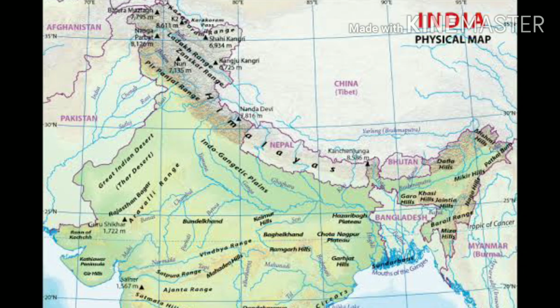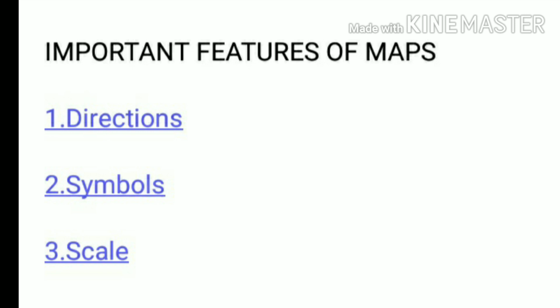Physical maps tell us about the surroundings and physical features of the earth, whether they are forests, deserts or snow-covered places. And we have some features of the map. What are the important features? They are directions, symbols and scale.